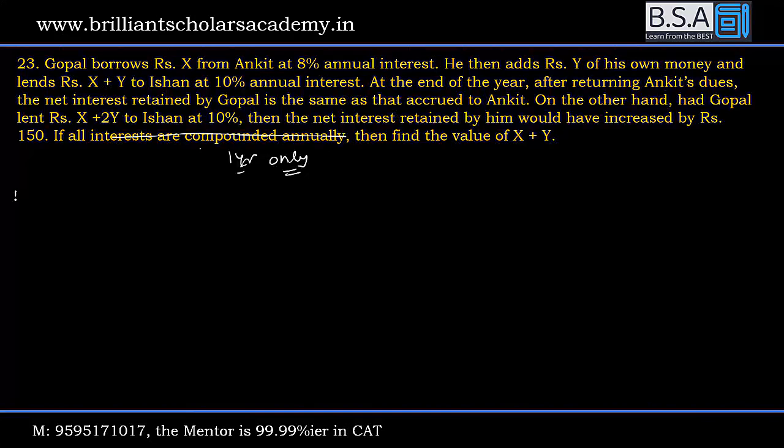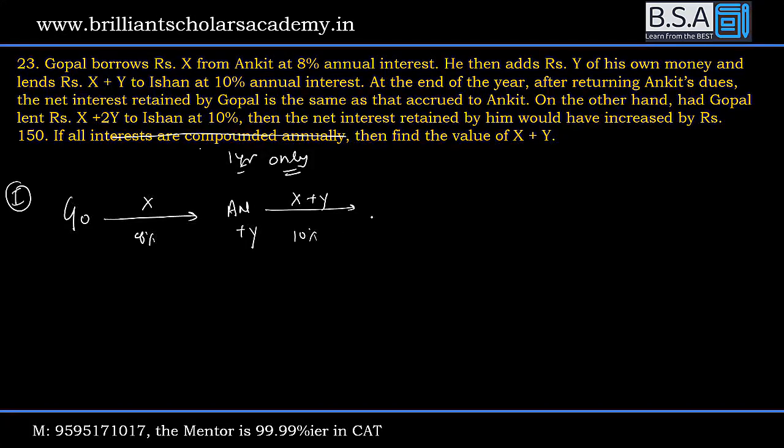One, in the first case, Gopal is giving how many rupees? X rupees at 8%. To whom? To Aniket. Now, Aniket adds his own money, Y rupees, and he gives X plus Y rupees at 10%. To whom?